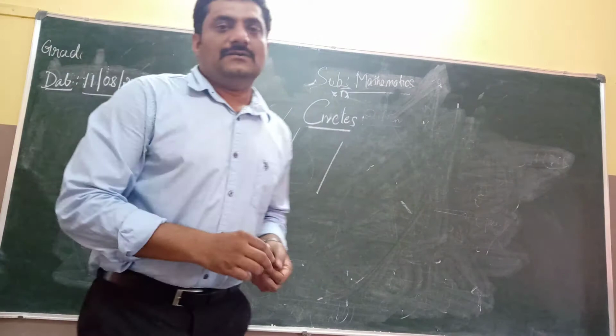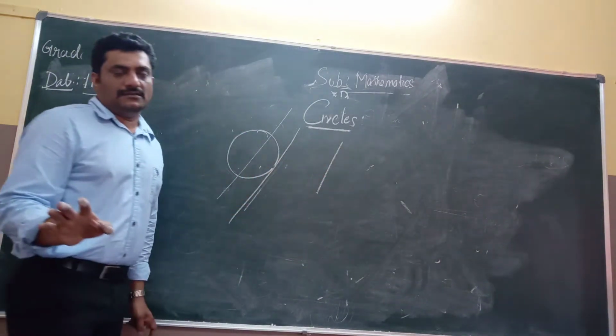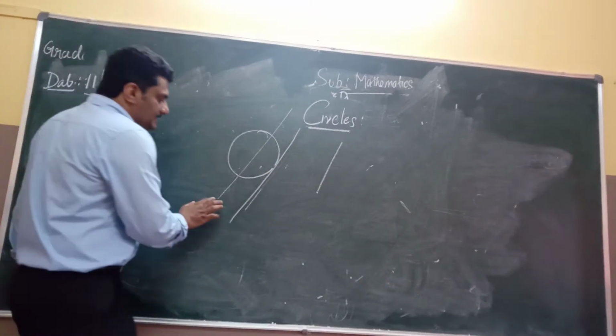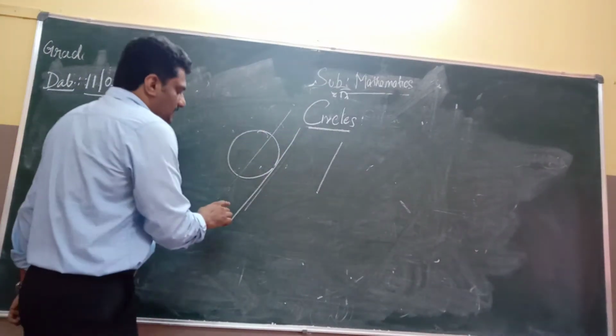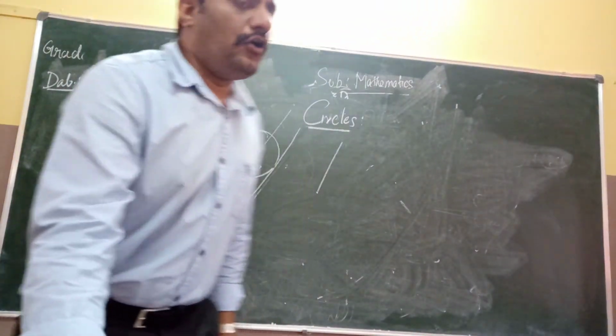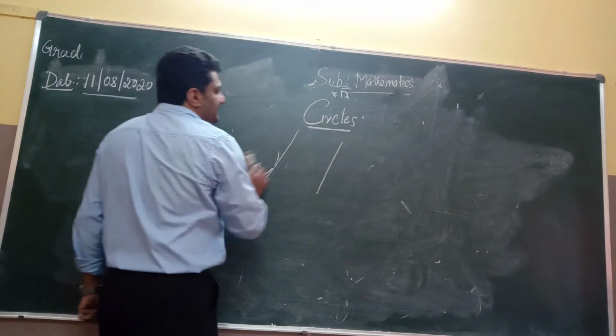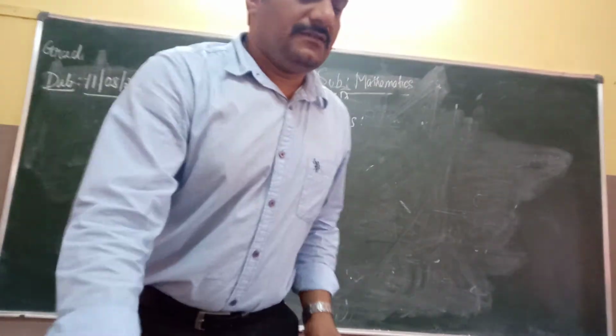Three things. One, it is either not passing or touching the circle. Second, it is passing through the circle. Third, it is touching the circle. These are the three options where a line can intersect or not intersect.